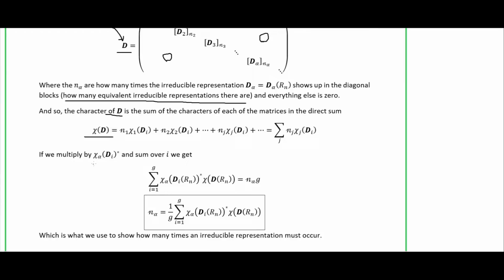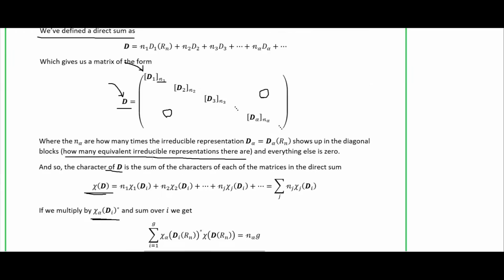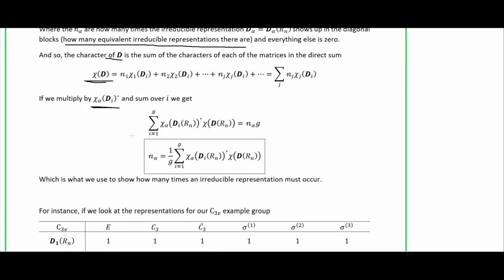And if we multiply this right here by just one of the characters and sum over i, this is essentially picking out the chi alpha representations in this right here.